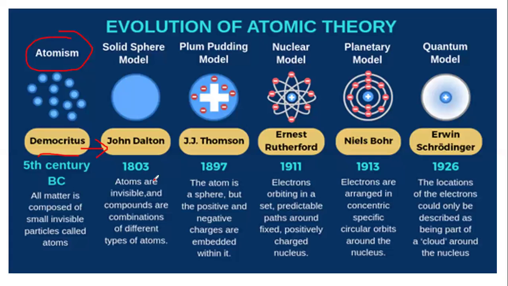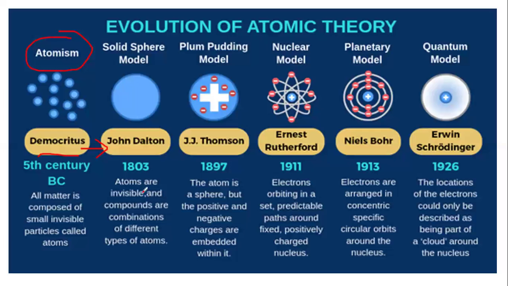For example, in sand you'll find certain types of atoms, and in metals you find certain types of atoms. If you take those two different things and combine them, the atoms from them will combine to form a new thing. That was the contribution of John Dalton.